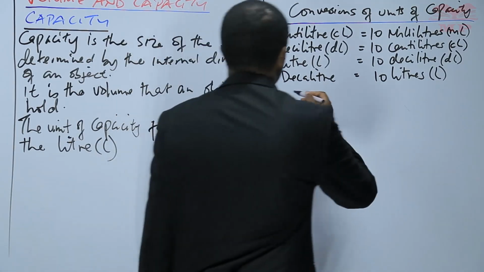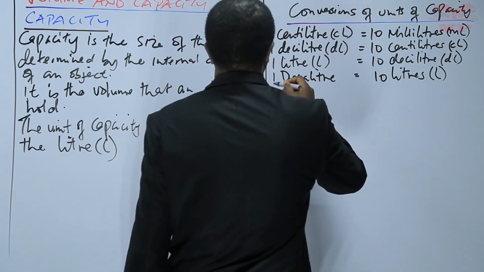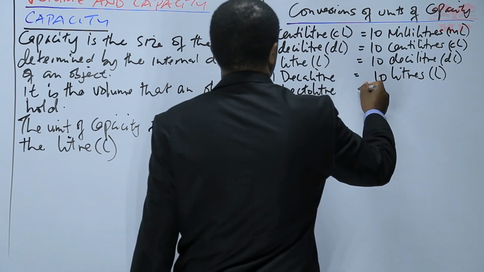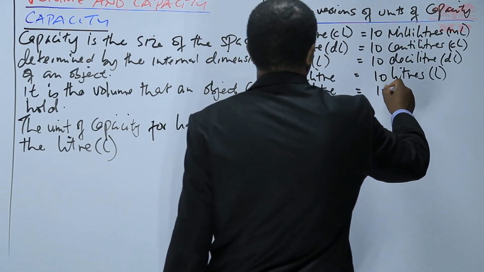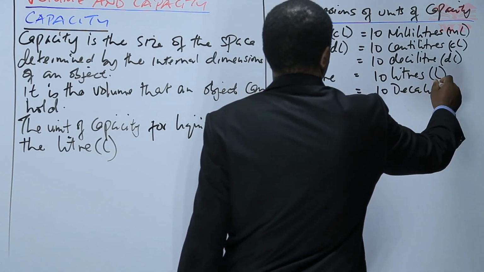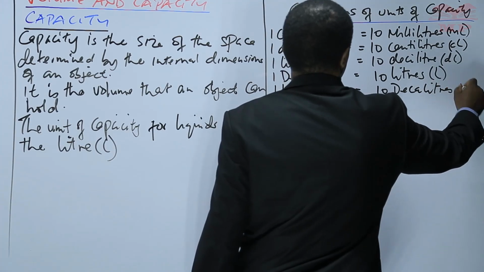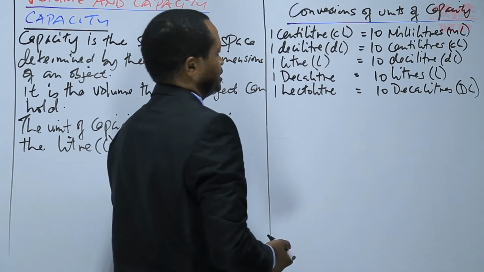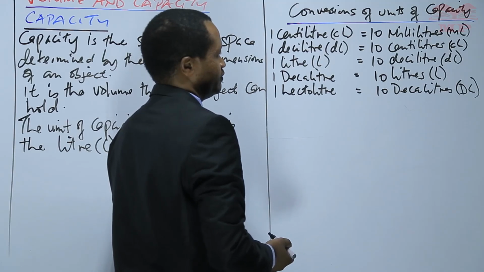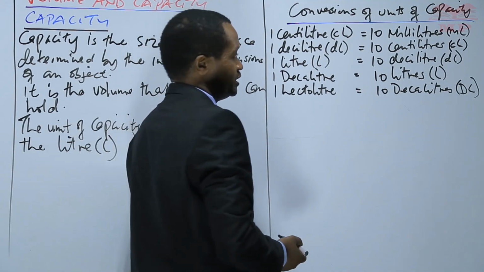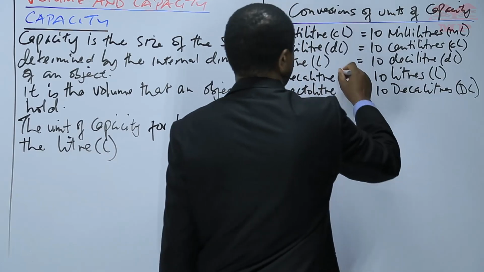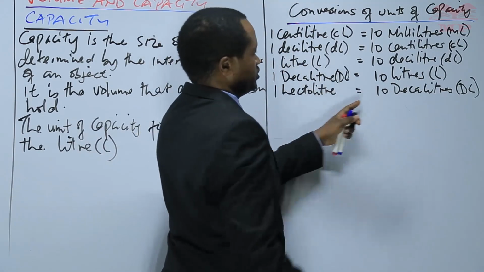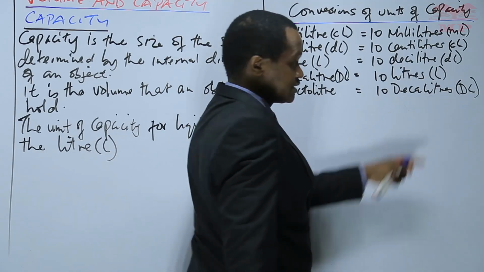Next conversion is 1 hectoliter is equal to 10 decaliters, abbreviated as dal. 1 hectoliter is equal to 10 decaliters.